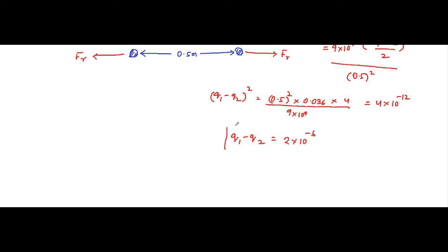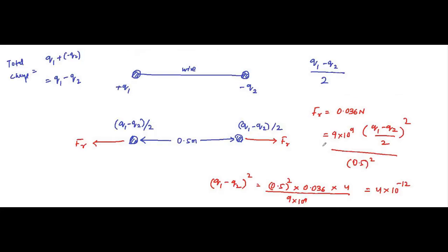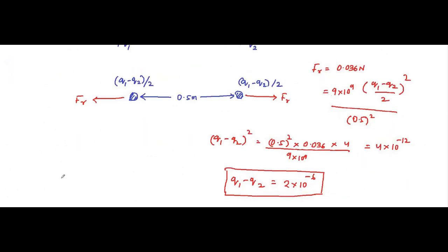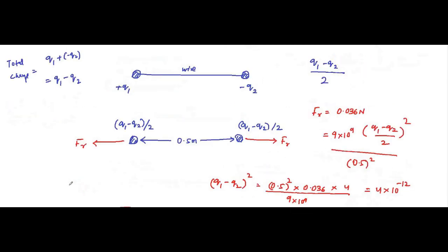This is also very important. So we have Q1 minus Q2 equals 2 into 10 to the power minus 6, and Q1 Q2 is equal to 3 into 10 to the power minus 12. This much data we have calculated.